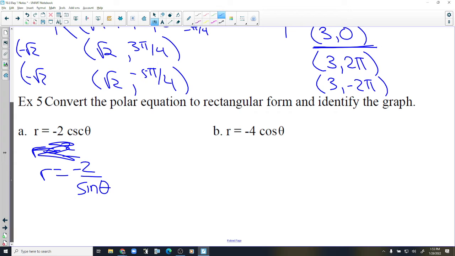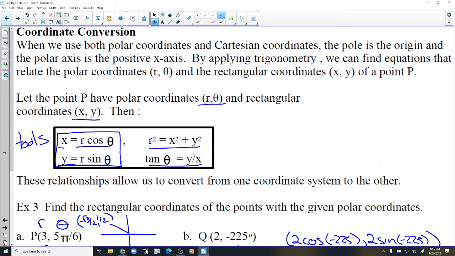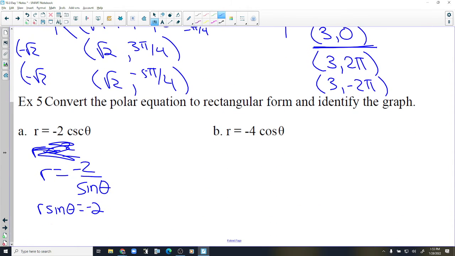Now what we're trying to do is get this to say something with x or something with y or something with x and y. So if we multiply sine over, r sine theta, if you look at your tools right here, r sine is the same as y. So y is equal to negative 2. And that's a line. It says identify the graph. It's a line.